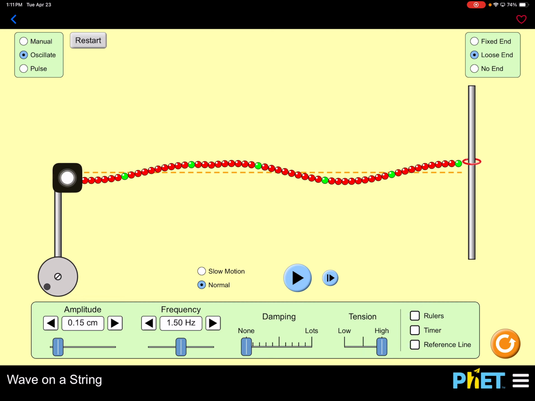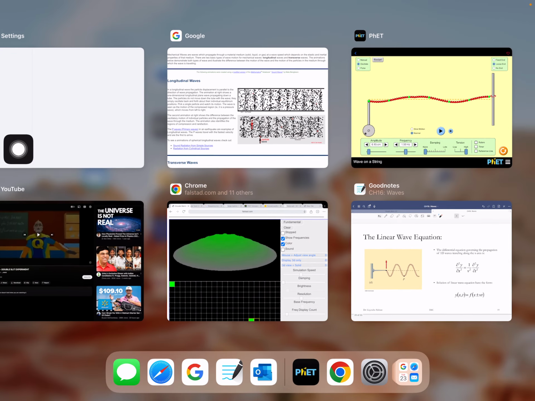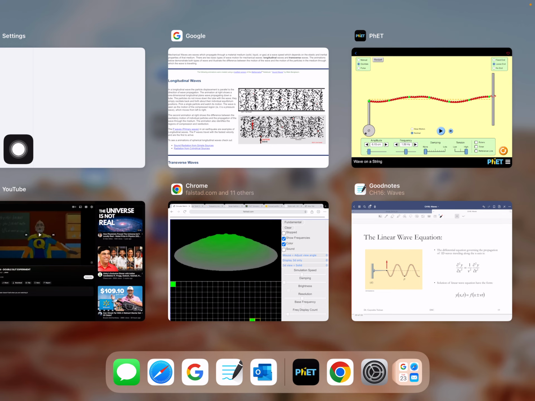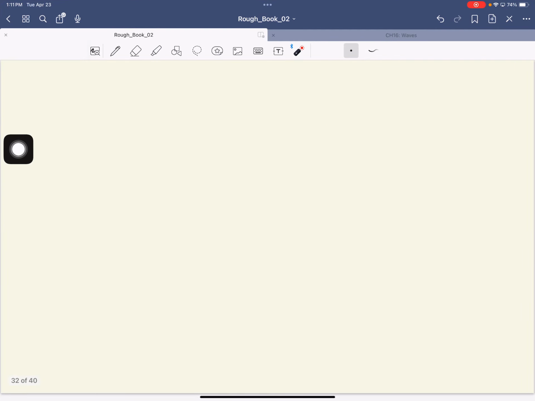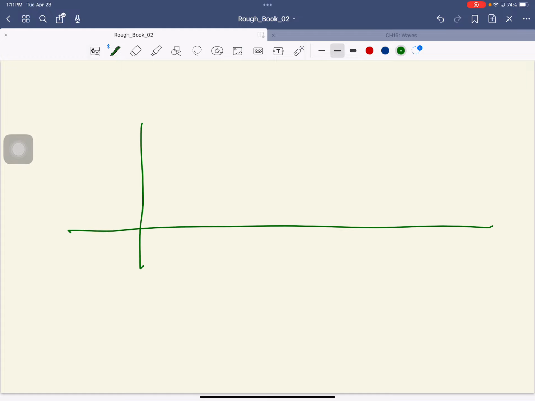So here's y as a function of x. And that is also changing. This y as a function of x changes with time. Let me draw this. So here's the undisturbed position of the string, and here's a snapshot.